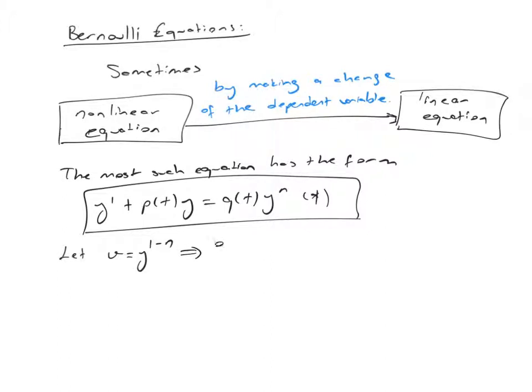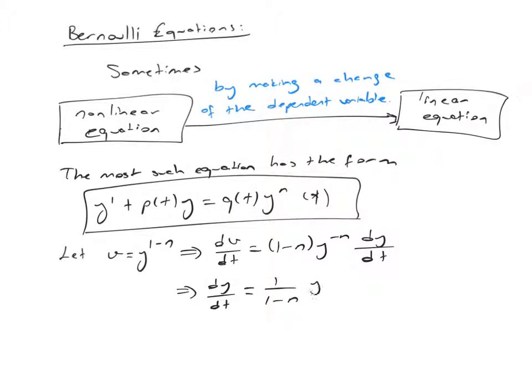So dv over dt is equal to 1 minus n times y to the minus n times dy over dt, and dy over dt is equal to 1 over 1 minus n times y to the n times dv over dt.